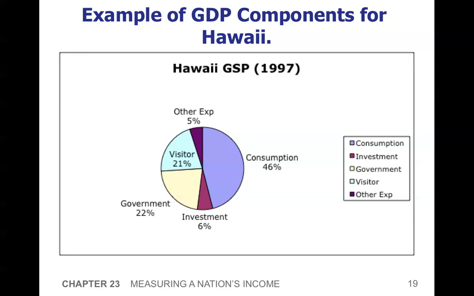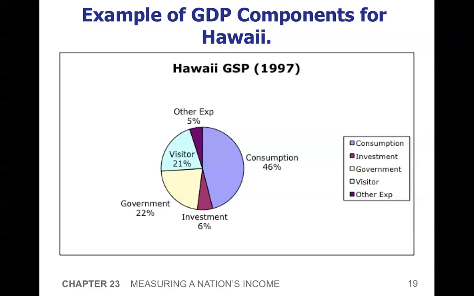Other exports would be the macadamia nuts and such. And investment is going to be 6%, so that's business expenditure. So you can see that in Hawaii, we're dominated by tourism, government, and consumption, consumer spending. Those are the three big pillars of our economy.